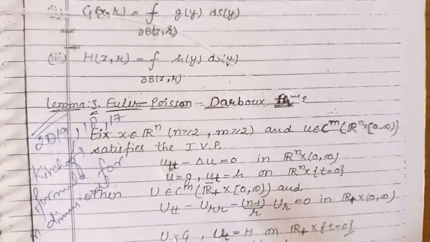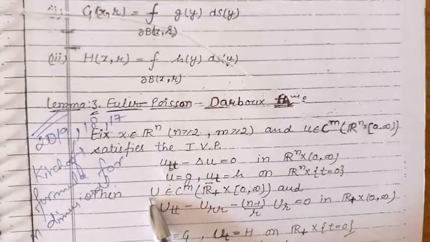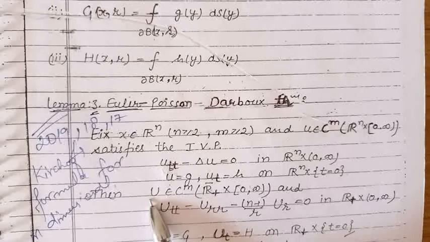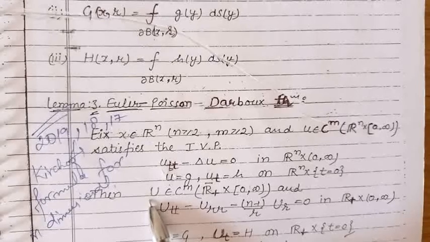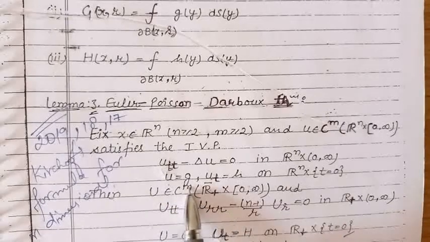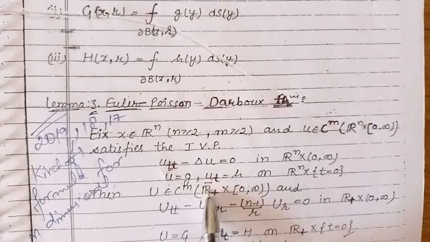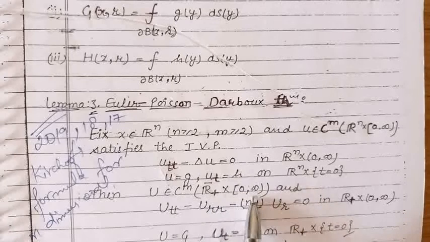We are to prove that the function capital U, which we defined as the average of the function small u over the sphere with center x, radius r, is m times continuously differentiable on the closure of the positive real line cross semi-open interval 0 to infinity.